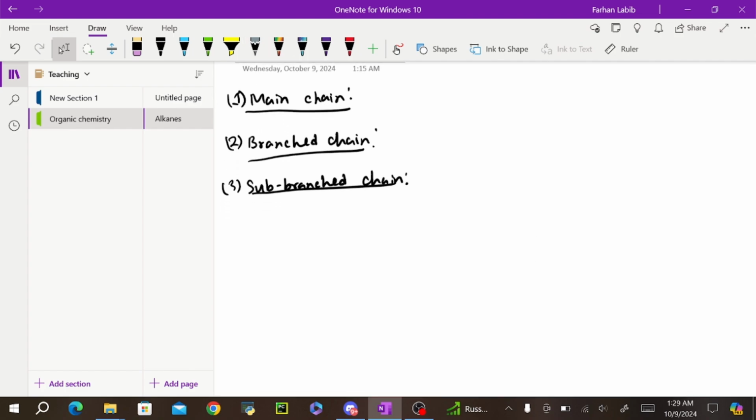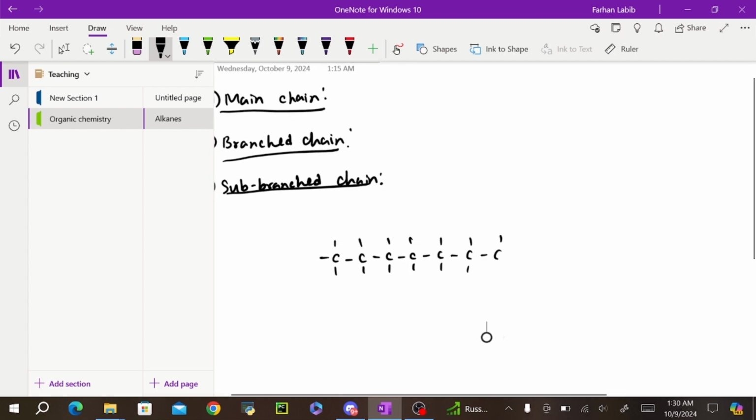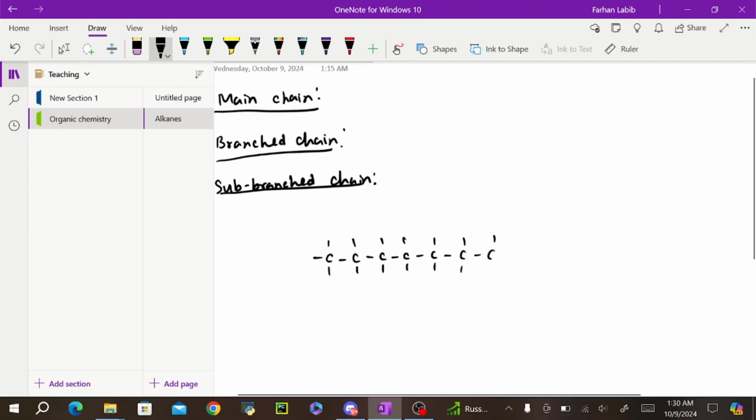So let's think about a carbon chain: 4, 5, 6, 7, 8.